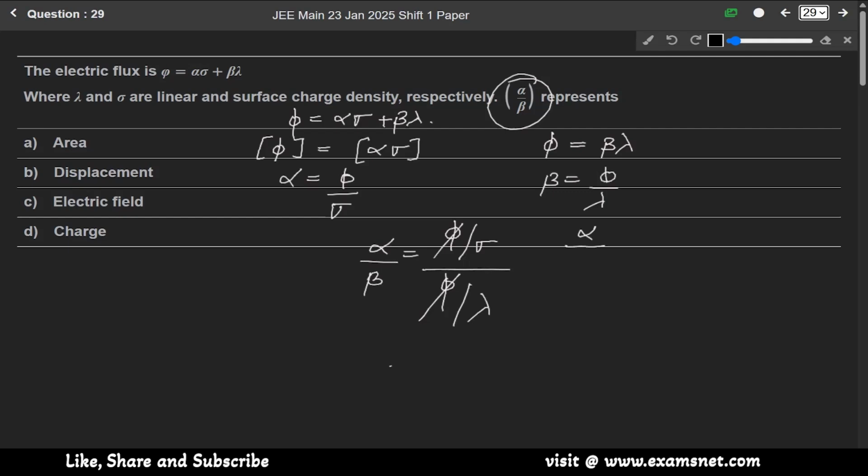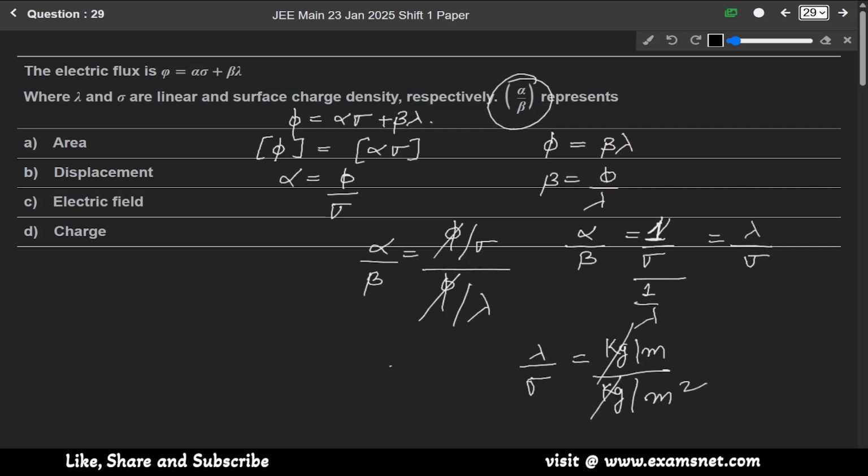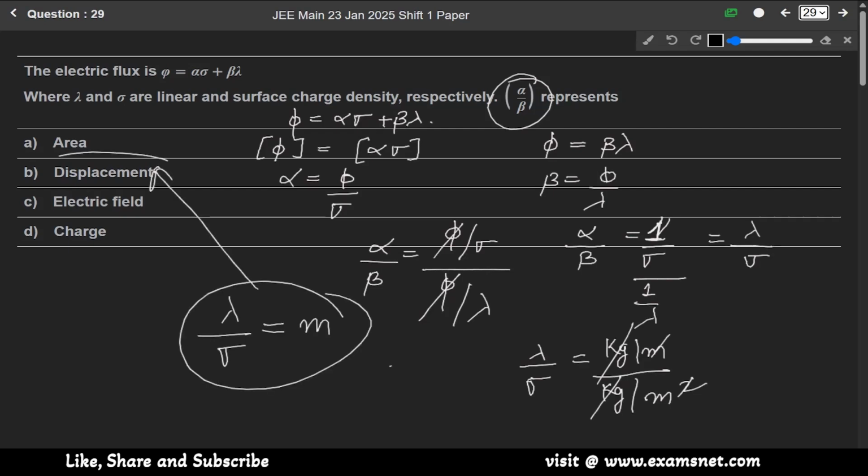So alpha over beta is equals to 1 over sigma over 1 over lambda, means it is equals to lambda over sigma. And we know that lambda, linear charge density, is charge per meter, and sigma is charge per meter square. So charge cancels and one meter cancels out. So lambda over sigma is equals to m, means it has the dimension of meter, means dimension of displacement.